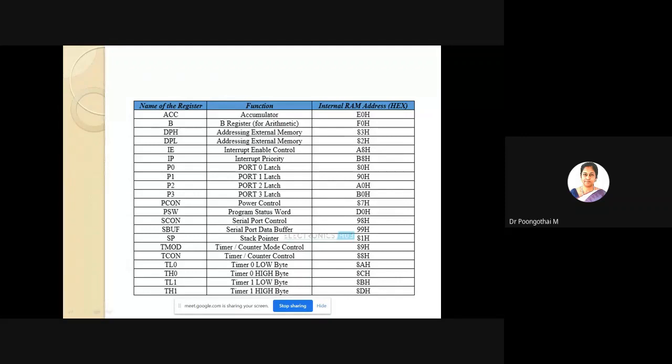Okay. So what is the purpose of accumulator? Please tell me. Ma'am, max data manipulations.